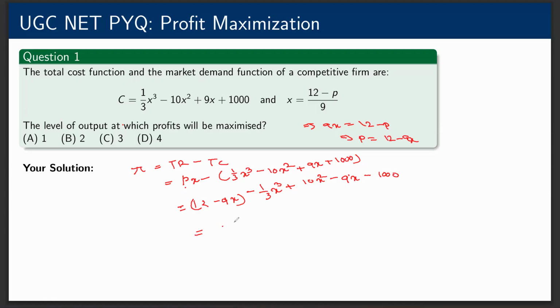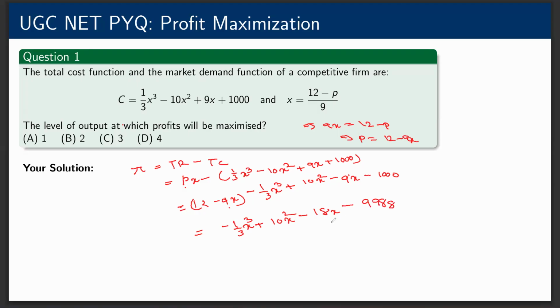It will be minus 1 by 3 x cube. I'm arranging it in the order of its power. Plus 10 x square. Here minus 9x, another 9x, so it becomes minus 18x. It is minus 1000 plus 12.